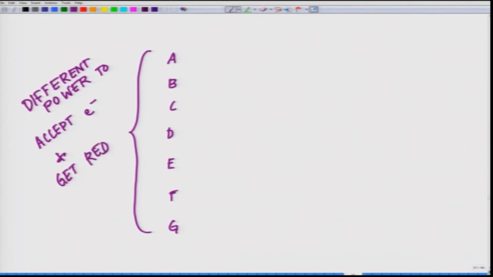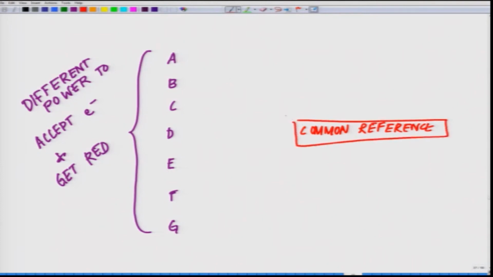Now, in order to do that, I needed a common reference with respect to what? With respect to the common reference, I measured it. So, I see this one has a value, this one has a value, this one has a value. You can give a number to them with respect to it.